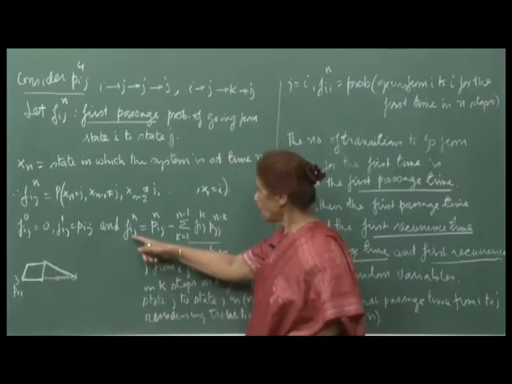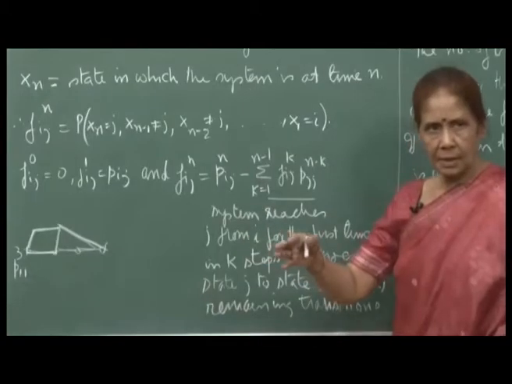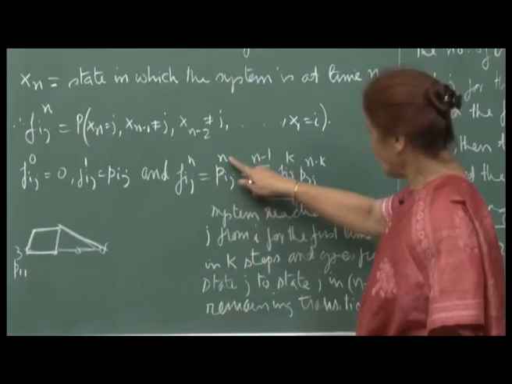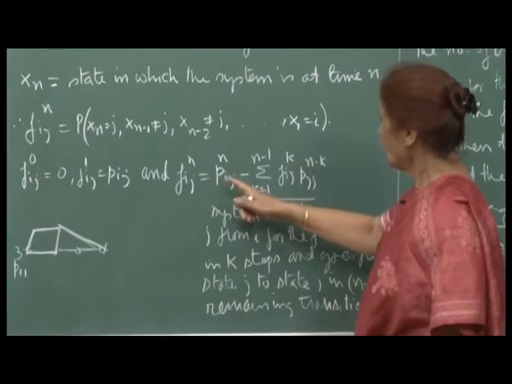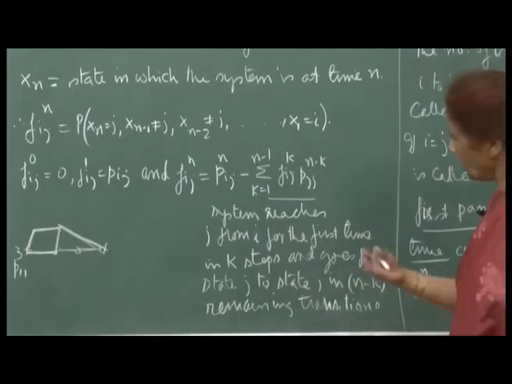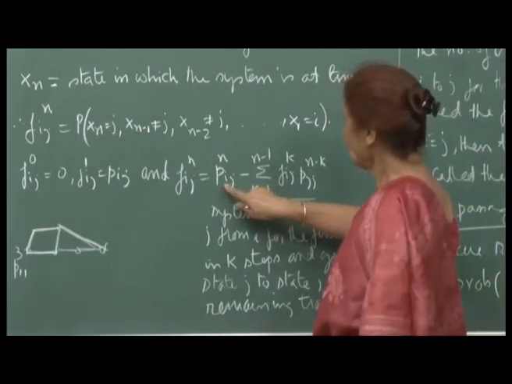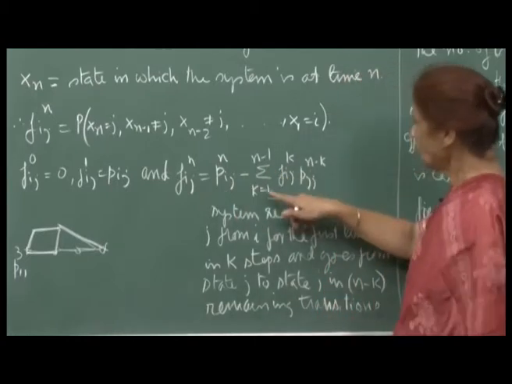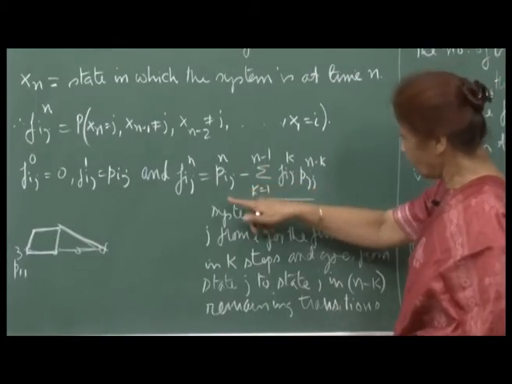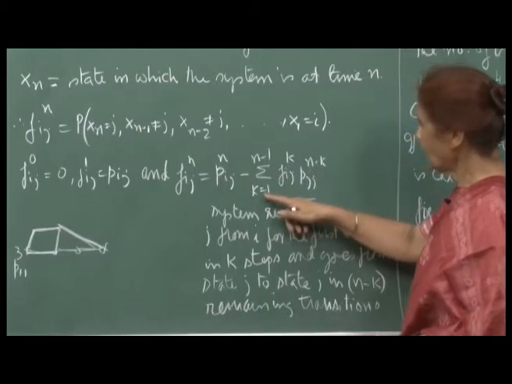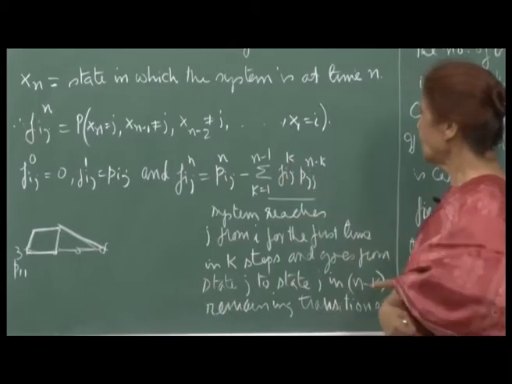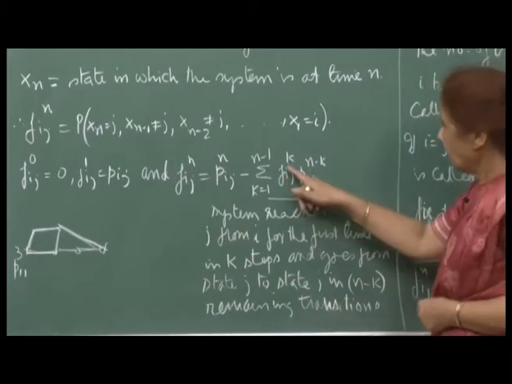So, we should not have visited j in between in less than n steps, and so this we will obtain by writing p I j n, which is the total probability of going from I to j in n steps, all possible paths, which may imply revisiting j number of times and then finally coming back to j. So, p I j n minus sigma k varying from 1 to n minus 1. You see, because you want to reach for the first time from I to j in n steps. So, your k can be allowed to vary from 1 to n minus 1 only, and then this will be f I j k. So, for the first time you have visited from I to j in k steps.